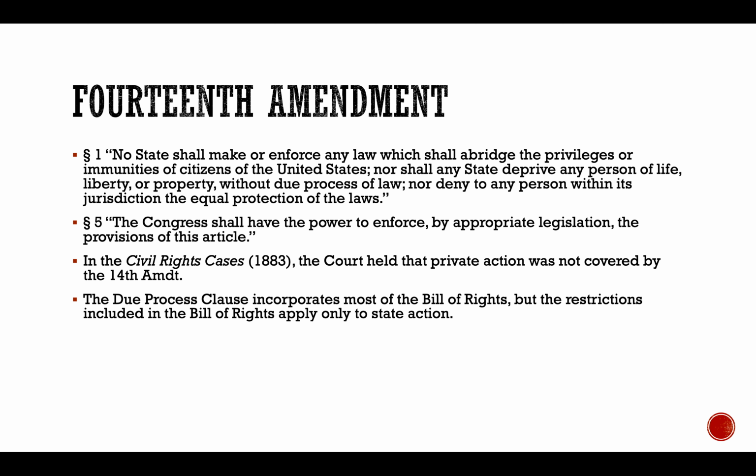Those, by their text, the Supreme Court ruled in the early 19th century only applied to the federal government. But after the 14th Amendment was adopted, the court said that if any state violates what would be prohibited to the federal government by the Bill of Rights, so if a state were to violate the free speech right or the free exercise of religion right, that would be protected by the Due Process Clause, because although technically only the federal government can violate your speech right, if a state violates your speech right, the court will say that the state was violating your liberty without due process of law.